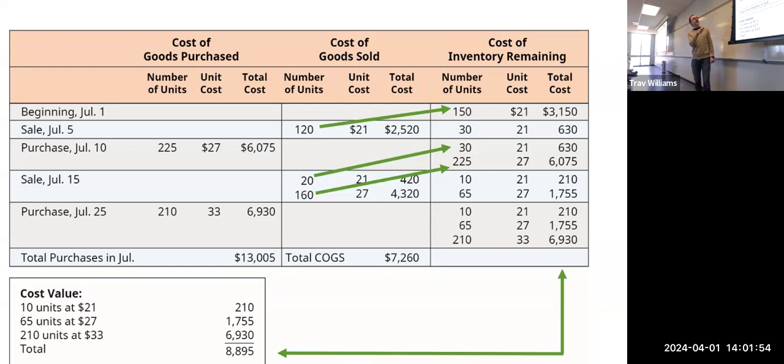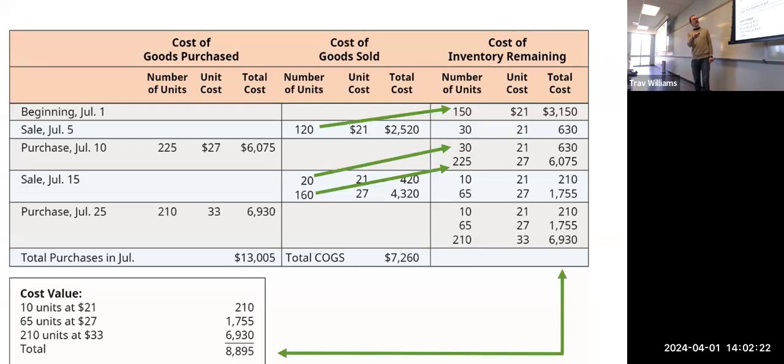Then they made a sale. Okay, they sold 120 units. Now at this point, they only have 1 lot of inventory, right? They only had what they started with. They're going to purchase some more inventory on July 10th, but right now it's July 5th. So the only inventory that they could use is that $21 inventory.